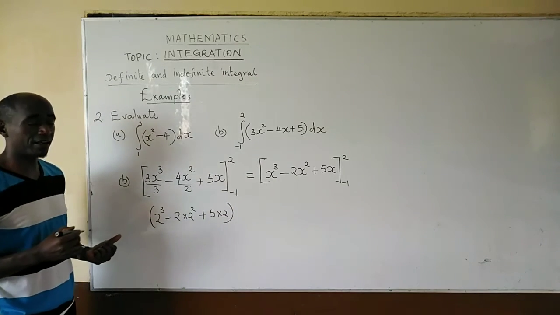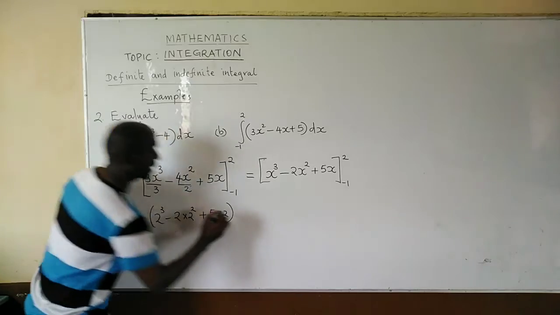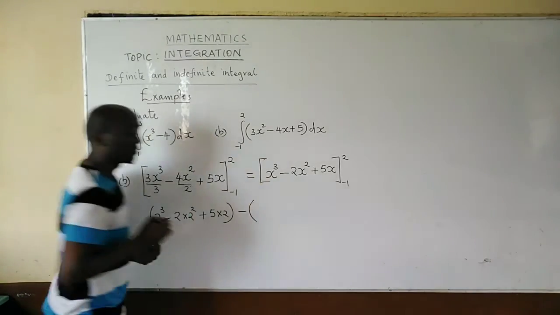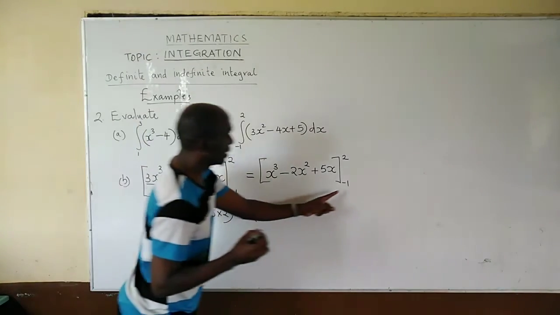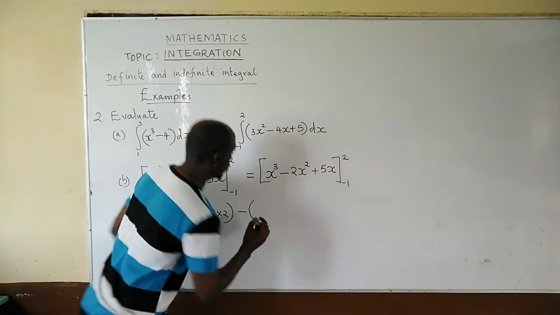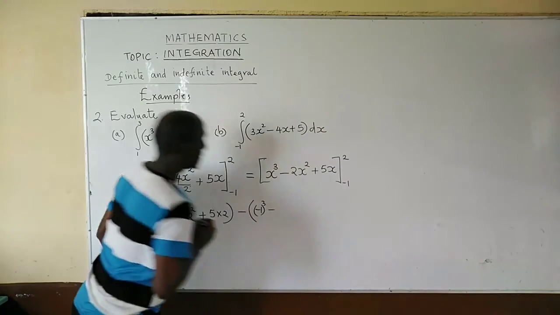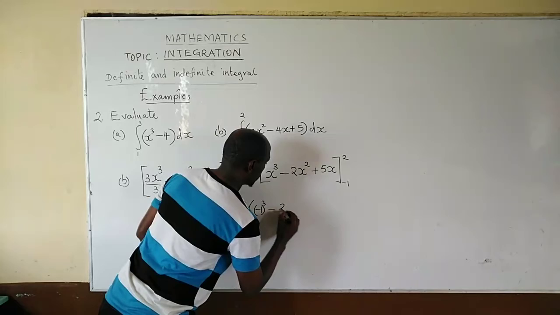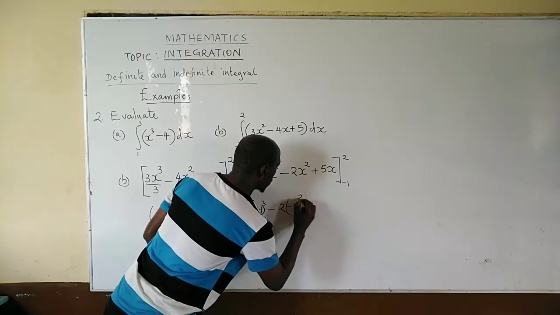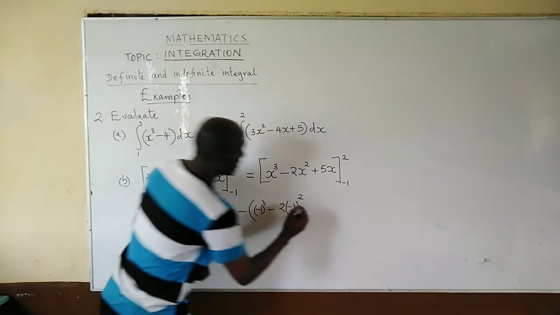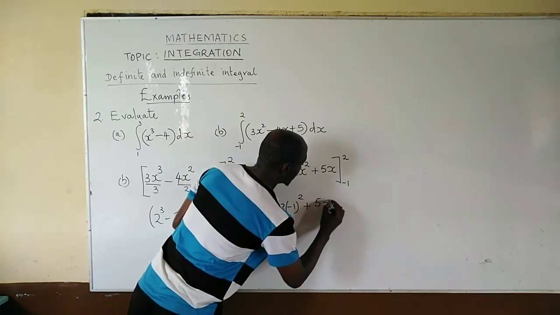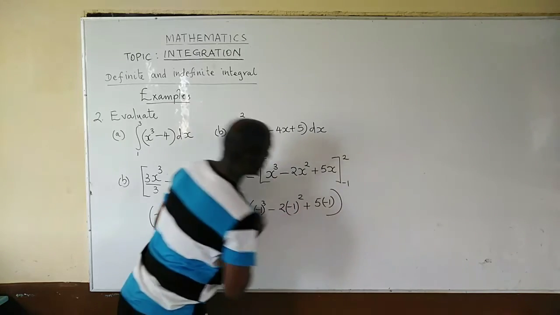We have substituted the upper limit. Minus, now substitute the lower limit, negative 1. Here, negative 1 cubed minus 2 times negative 1 squared plus 5 times negative 1. Close the bracket.